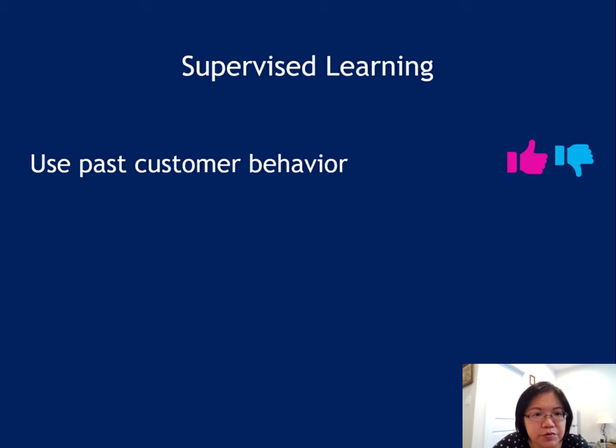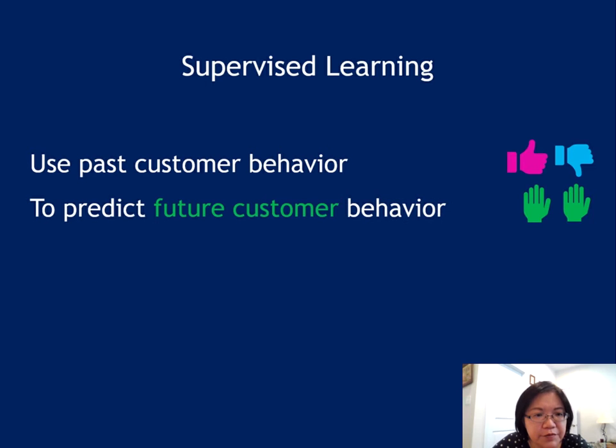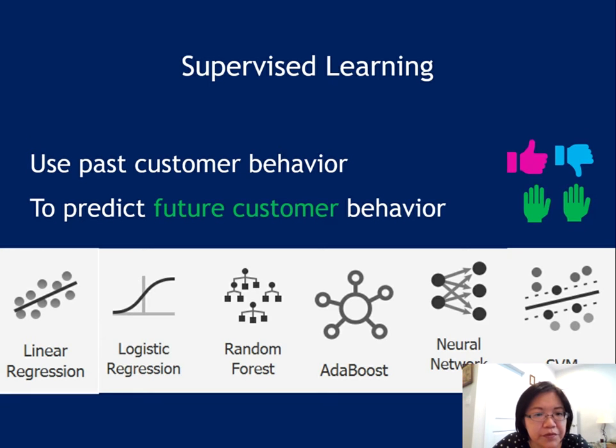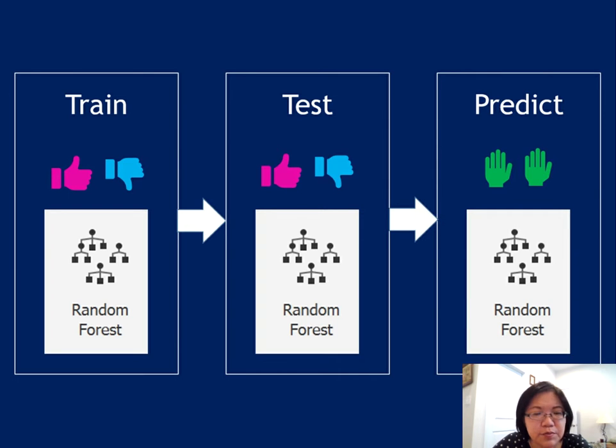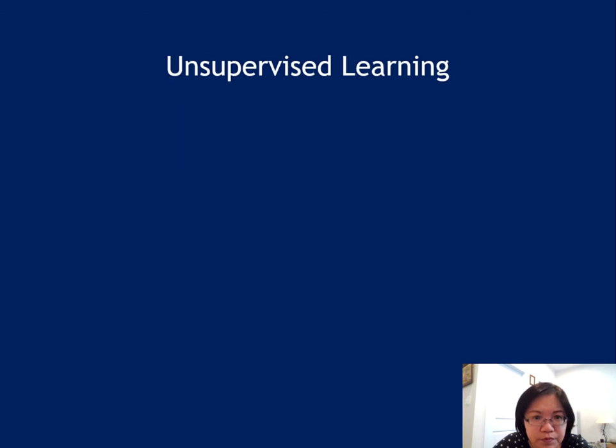So supervised learning, to recap, is to use past data, such as customer behavior, to predict the future, such as given a new customer, what is this customer going to do? Okay, we've seen a bunch of supervised learning methods. These algorithms should be pretty familiar to you.